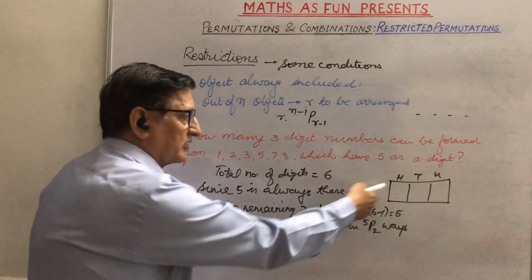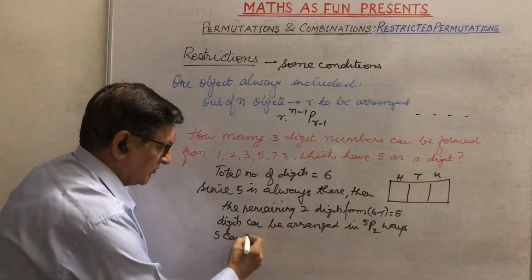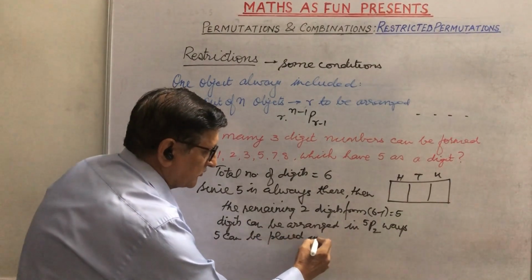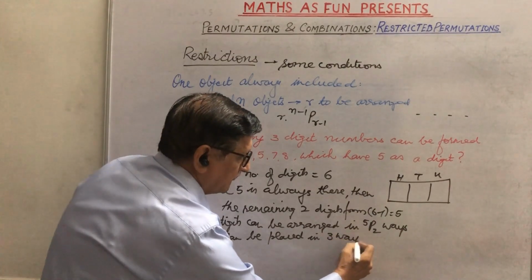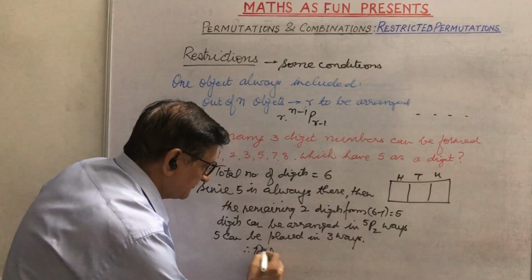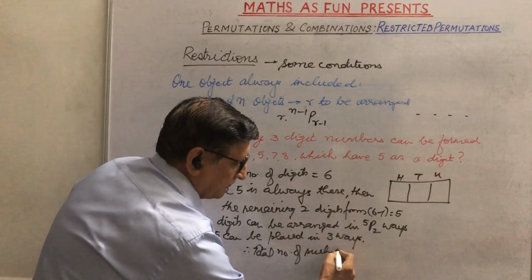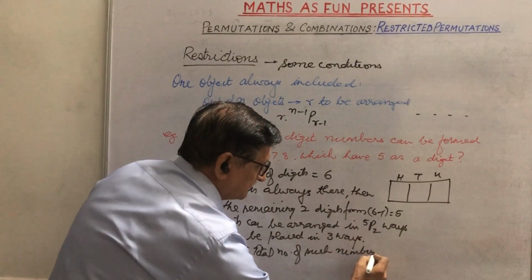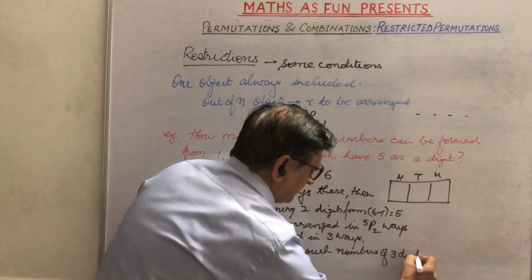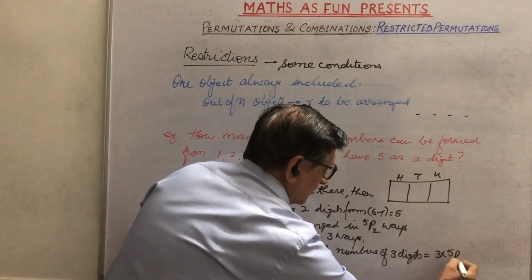But this 5 can occupy any of the places. 5 can be placed in 3 ways. Therefore, the total number of such numbers of 3 digits will be 3 into 5P2.